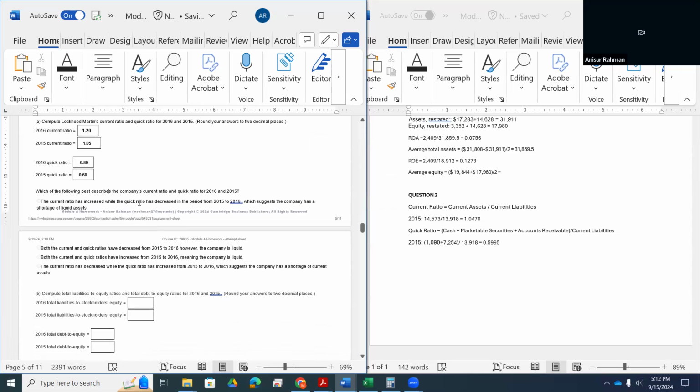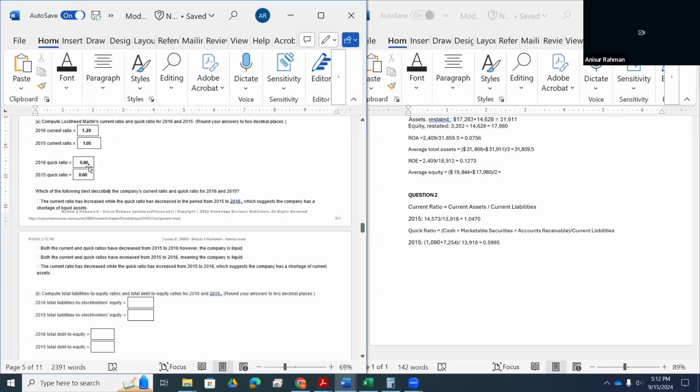Which of the following best describes the company's current ratio and quick ratio for 2016 and 2015? The current ratio has increased, so that is true, while the quick ratio has decreased.